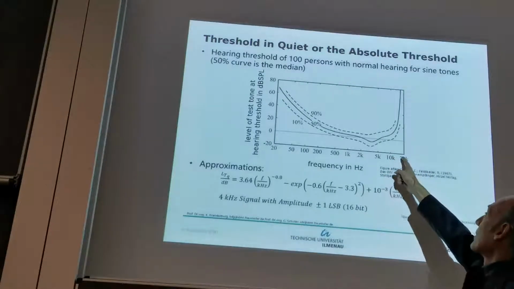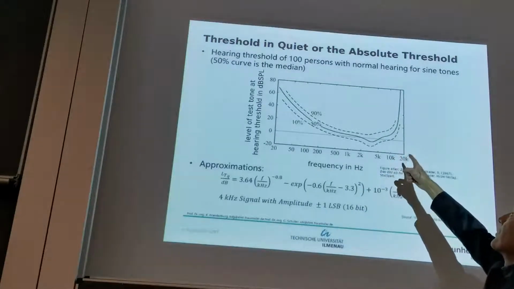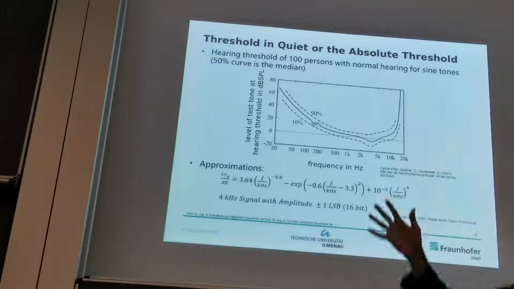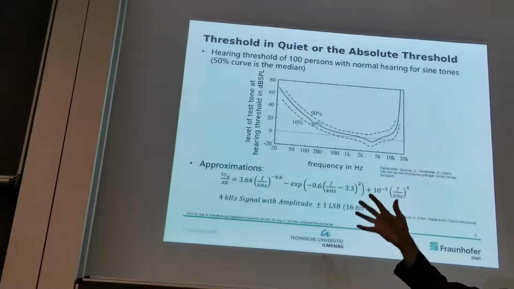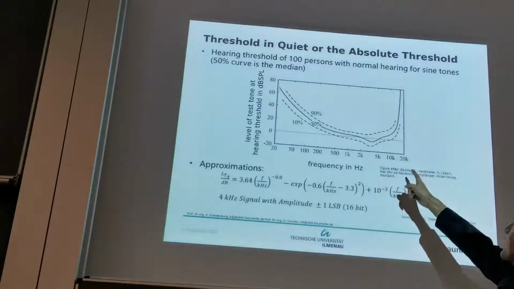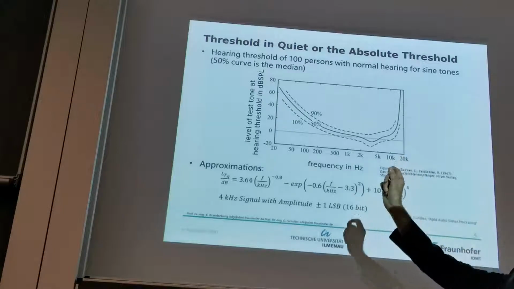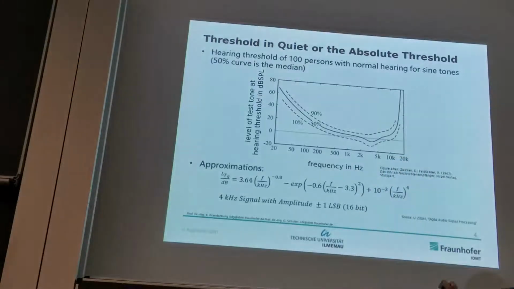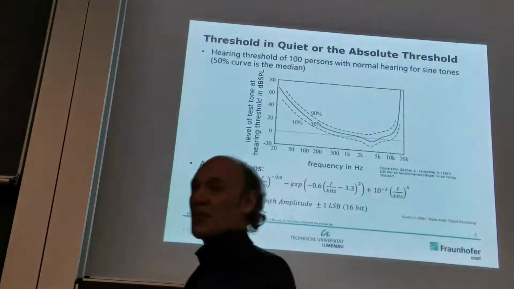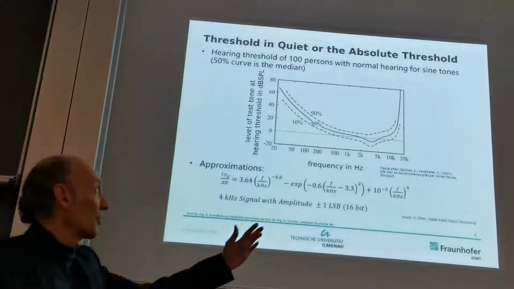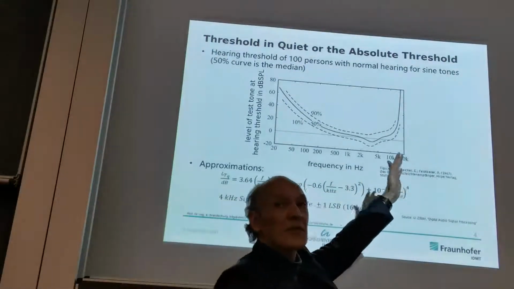That's why the Bark scale ends around here, where this line goes up very, very steeply. When this line goes up steeply, that means going up a little bit in frequency makes the sensitivity decrease a lot. So that's why usually you say the upper limit of hearing is 16 kilohertz.